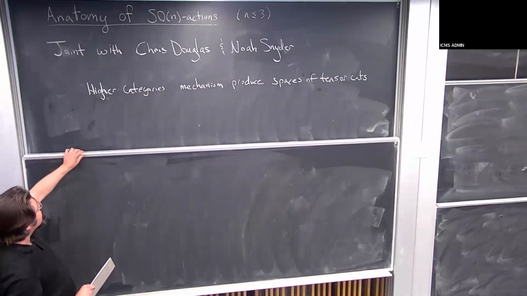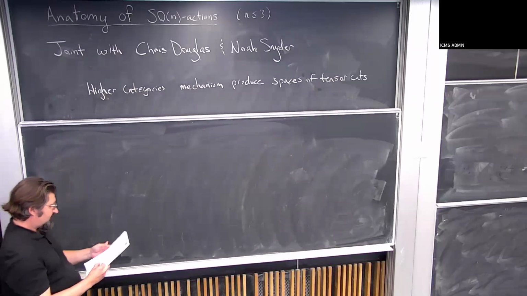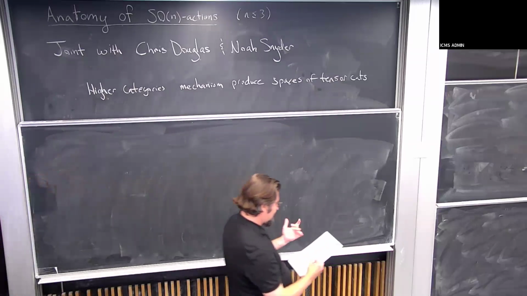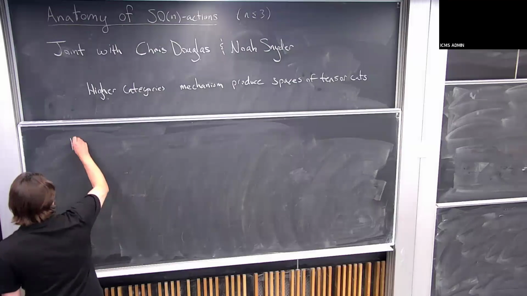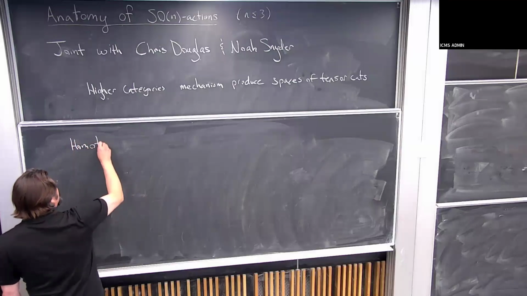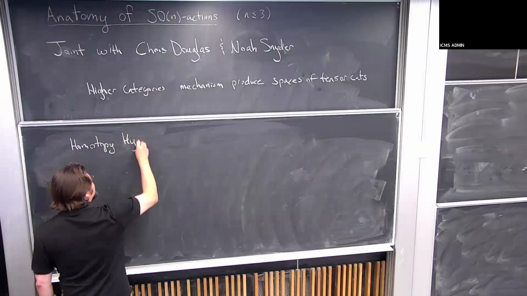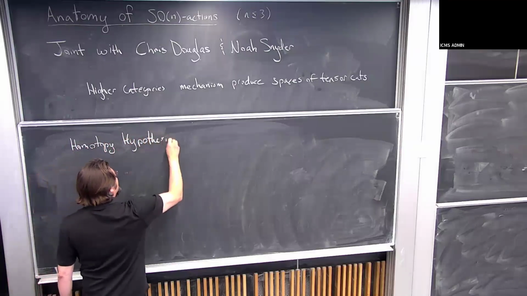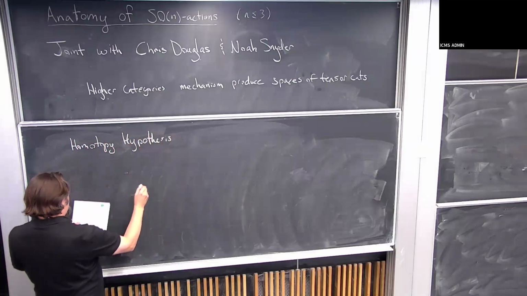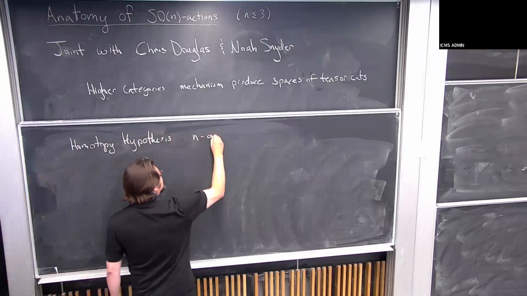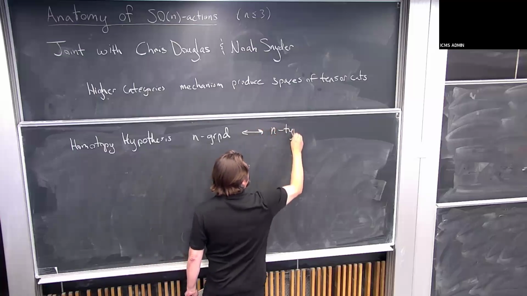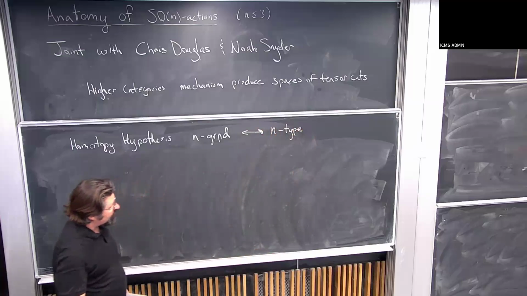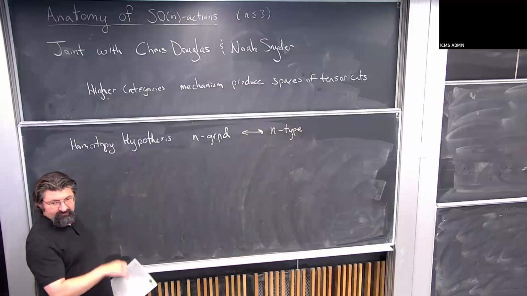So the first way that higher categories can give rise to spaces is through the homotopy hypothesis, which says that if you have an n-groupoid, that's the same thing as a homotopy n-type: a topological space with only homotopy groups that are non-zero up to dimension n.